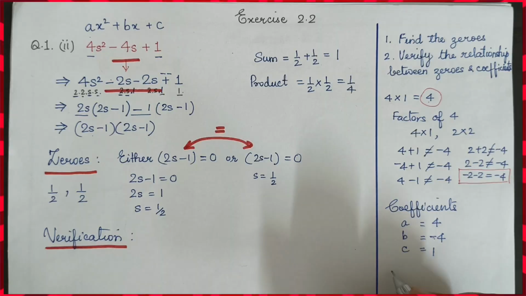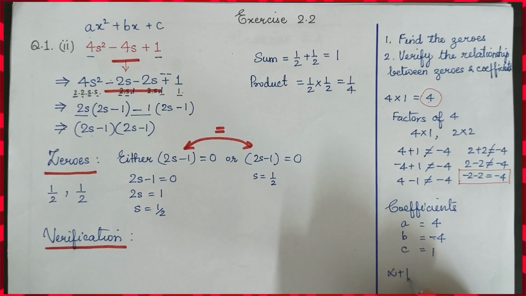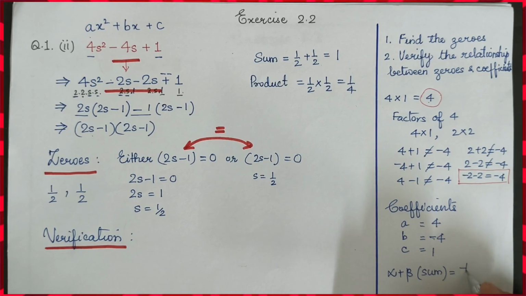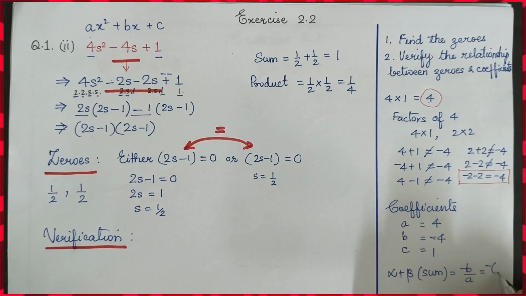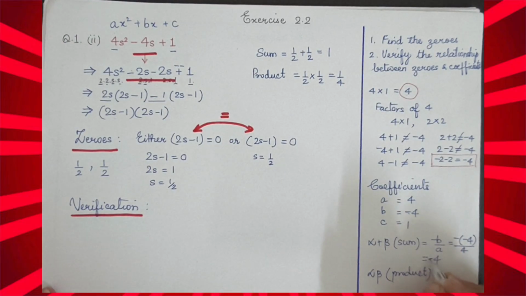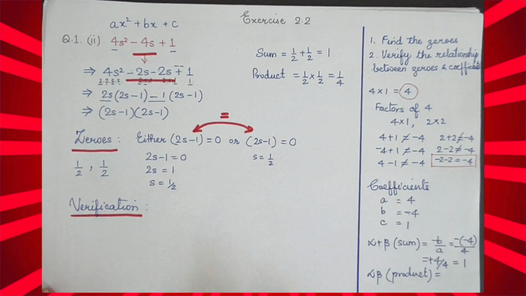So when we have a, b and c, according to the coefficients, the sum is given by minus b upon a, which means minus of minus 4 upon 4, that is equal to plus 4 upon 4, that is equal to 1.